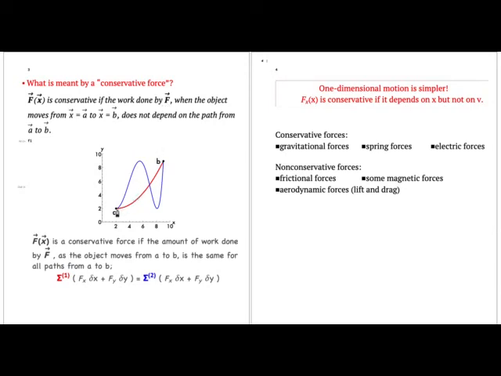Now, depending on what forces are acting on M, I keep referring to M as the object on which the force F is acting. Depending on what other forces are acting on M, it can move from A to B in an infinite number of different ways. It could just move straight from A to B. Or it could move along some curve, which starts at A and ends at B. Or it could move on some curve which goes around this way.